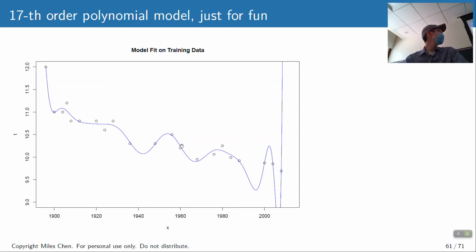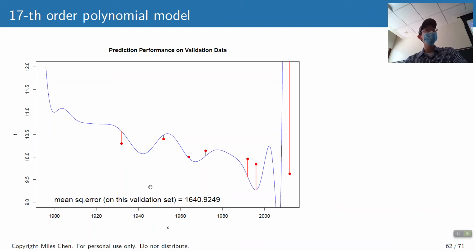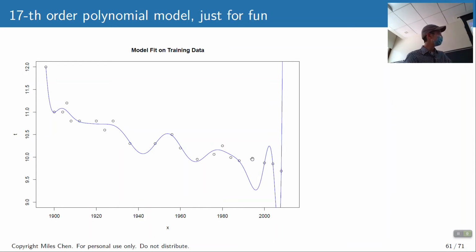But what happens when I put the seven red dots back in? Okay, when I put the 7 red dots back in, it does a terrible job at this last point, right? Because its goal was trying to fit the training data as well as it possibly could, and it had no idea that other data points were coming in.